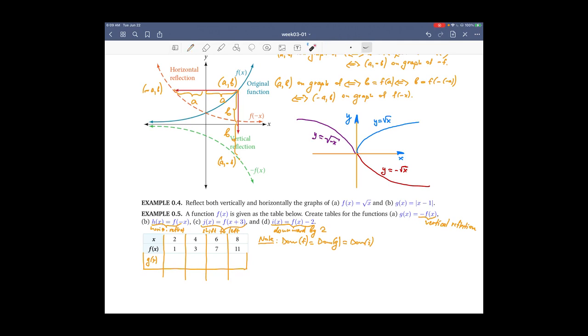Function g simply puts a minus in front of each value of f. So I should take values from the row corresponding to f and negate them. Negative 1, negative 3, negative 7, and negative 11.